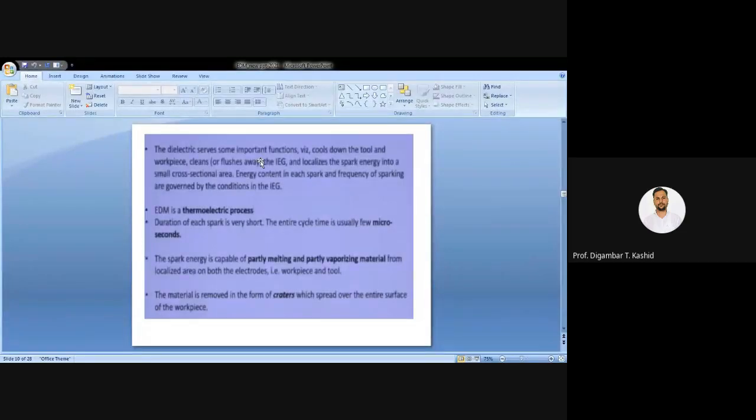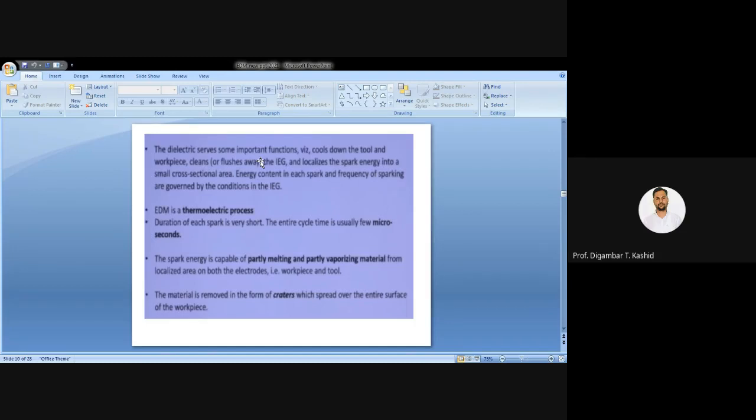The material removed from your workpiece is in the form of craters, which spread over the entire surface of the workpiece. The particles removed from the electrodes or workpiece are, in the EDM process, normally called debris.